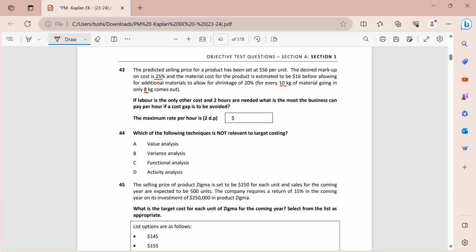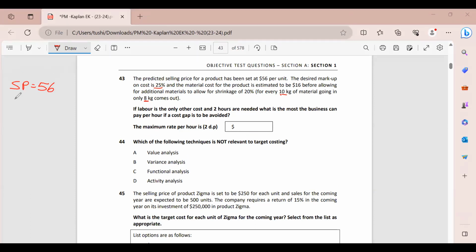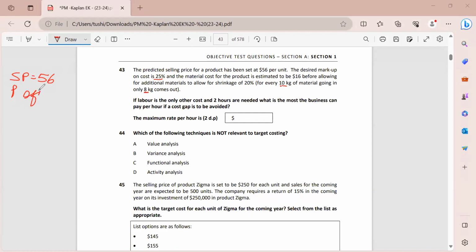First of all, we have our selling price. The selling price given to us is $56. Now we want a profit of 25% on our cost. So I have my cost, and I have my profit, which I want at 25% of cost.